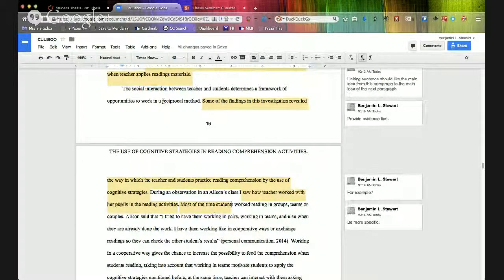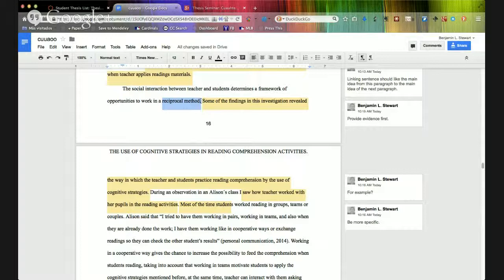Are you giving an example of the reciprocal method? What is a reciprocal method? When the teacher and the students are working together. Okay. But is this a technical term, reciprocal method? I mean, did you talk about reciprocal method in the literature review? Yes, I could know that. Okay, so is there a specific method or is it just interaction?